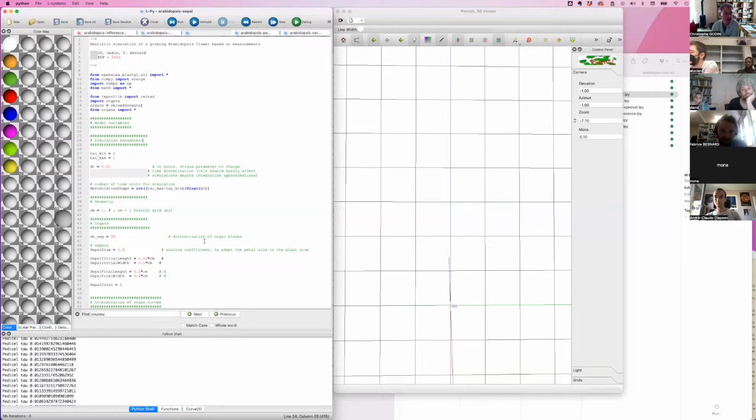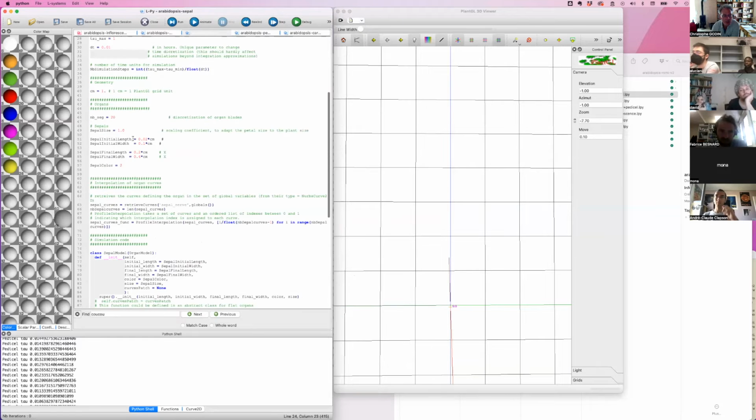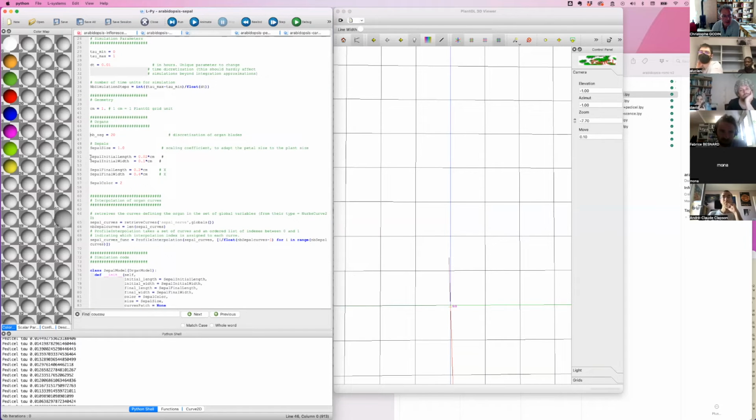It's good. Okay. So what we did with Fabrice is that we took the measurements for each organ, and I can show you the type of data that we have. For instance, we created a separate file for each organ, and the idea is to describe the dynamics of growth of each one of the organs in which we are interested.